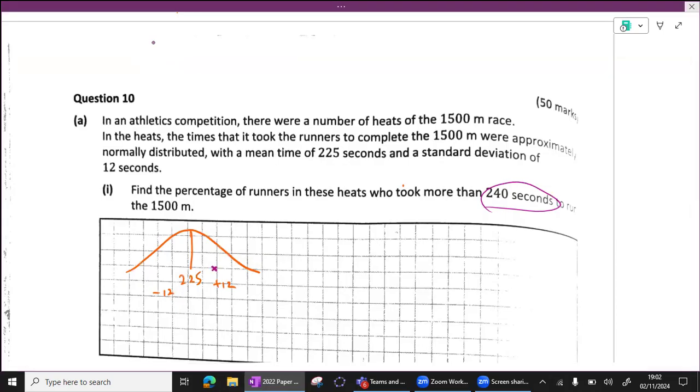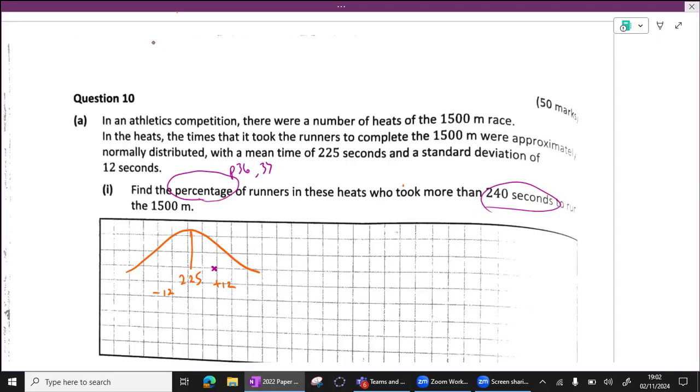So if it's asking me to find the percentage, you'll remember, hopefully, when you are looking at your log tables and you want either a z-score or a percentage, you turn to page 36, 37. On that page, the z-scores are the ones in bold. They are basically your horizontal and your vertical border, and they're usually 1 or 2 decimal places.